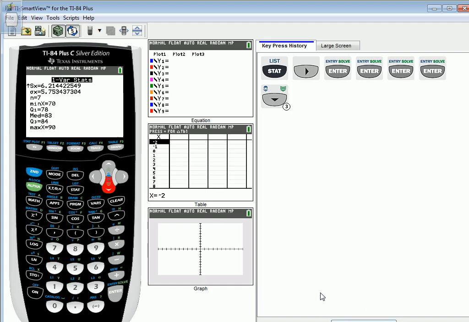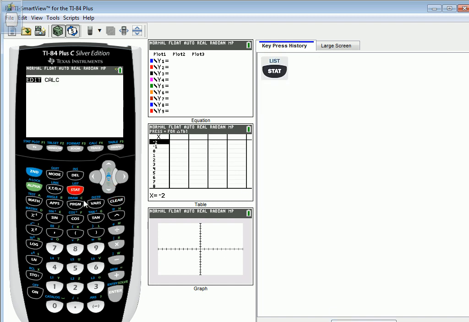All right. So the first thing we're going to all do is press the stat button. Press the stat button. Okay. And we're going to edit our data list. So hit enter for edit.